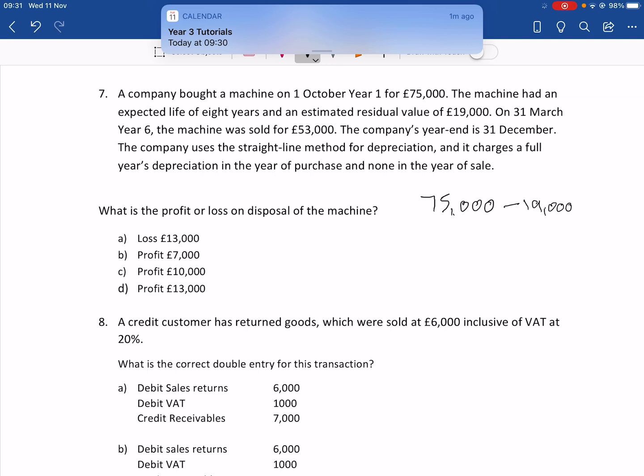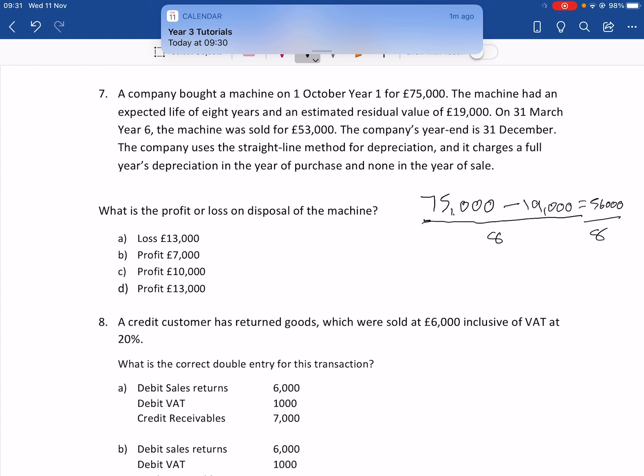So we do 75,000 minus the residual value of 19,000, which gives us 56,000, and we divide it by the years, so over 8 years. So 56,000 divided by 8.